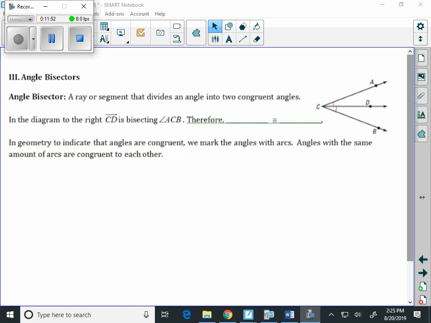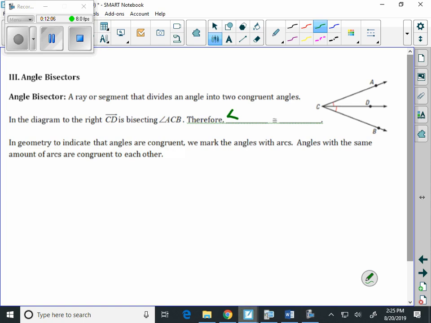So in the diagram to the right, CD is bisecting angle ACB, which means that angle ACD is congruent to angle BCD.